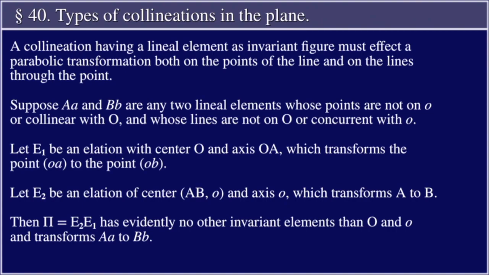Let E1 be an elation with center O and axis OA, which transforms the point oA to the point oB. Let E2 be an elation of center ab·o and axis o, which transforms A to B. Then pi, equal to E2E1, has evidently no other invariant elements than O and o, and transforms Aa to Bb.